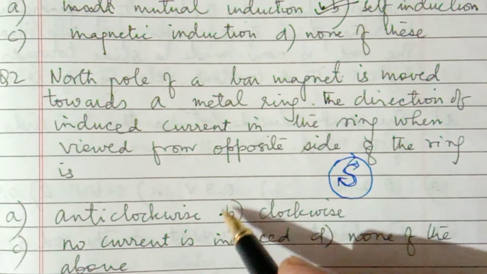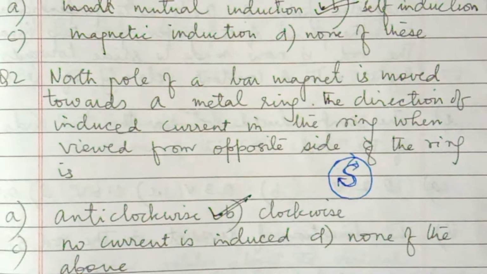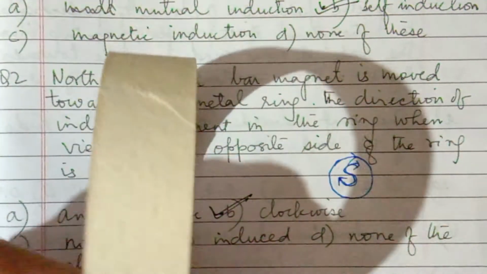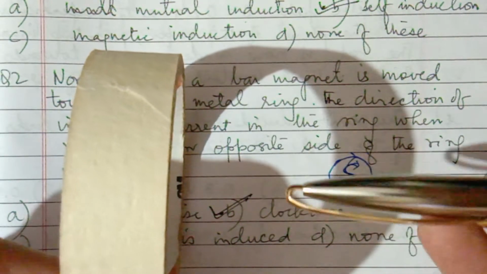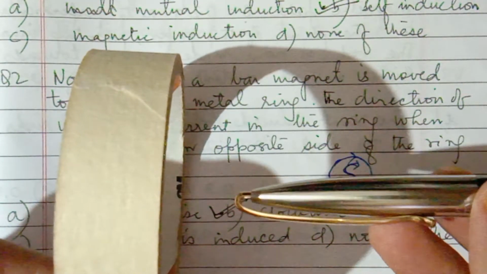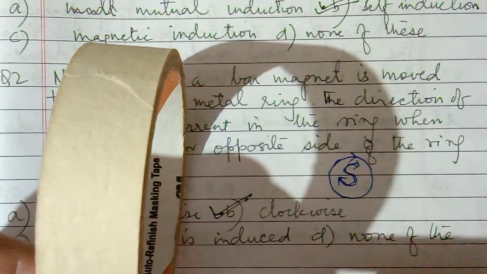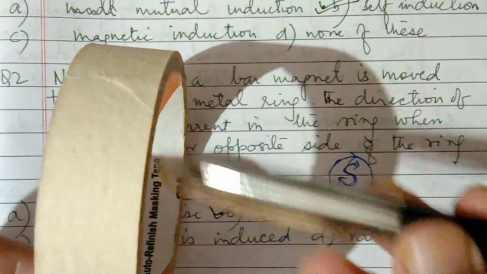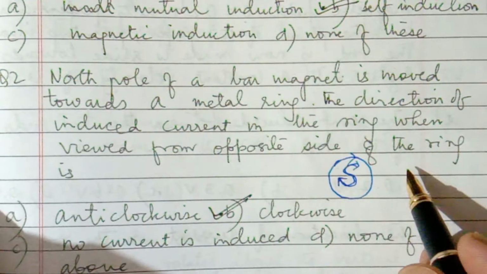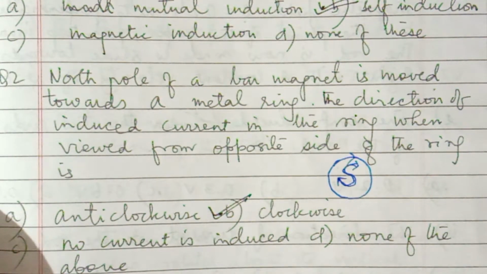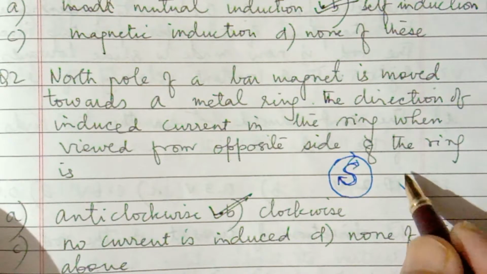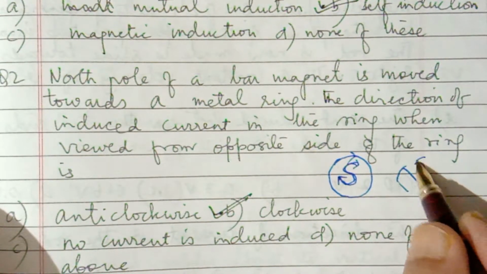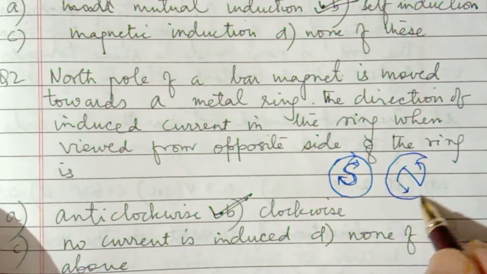And if the question comes that it is viewed from the same side where the magnet is approaching, then the north pole is approaching, so it should be repelled, and the face should be north.